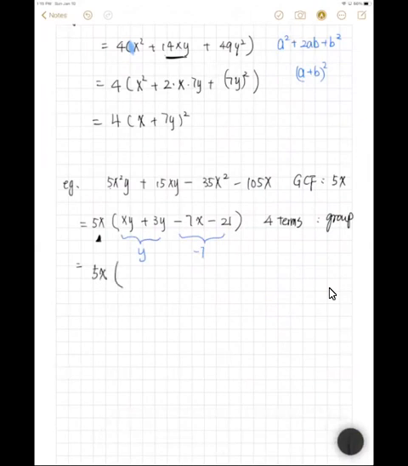So inside the parentheses, we group y times (x plus 3) minus 7 times (x plus, remember the sign will change, plus 3). Now they have a common factor x plus 3. So that means I can write it as y minus 7 and then x plus 3. Okay.